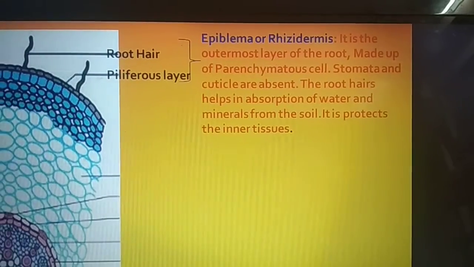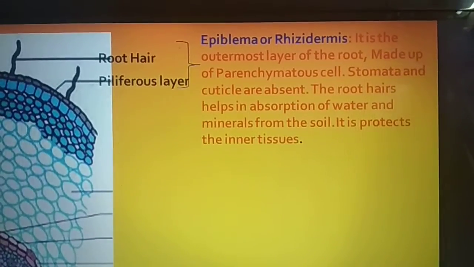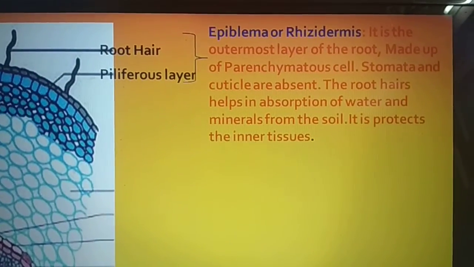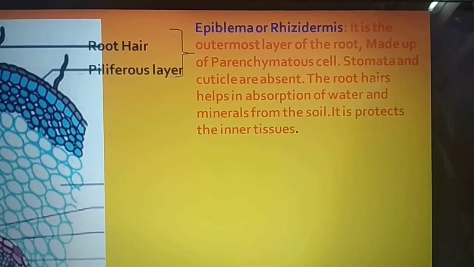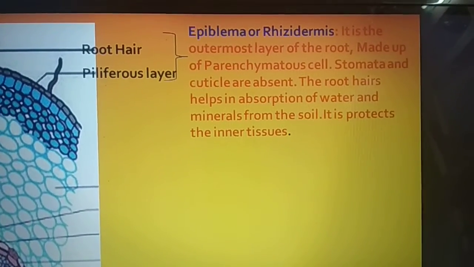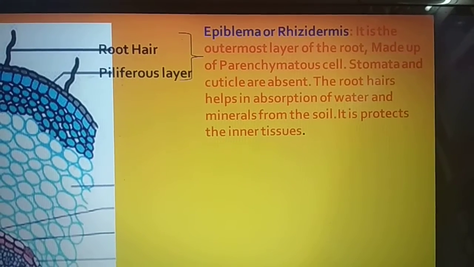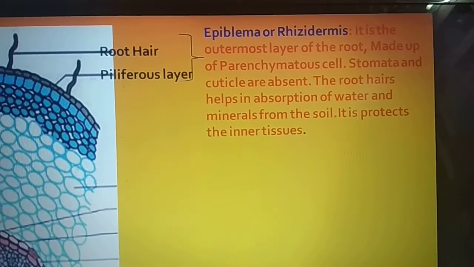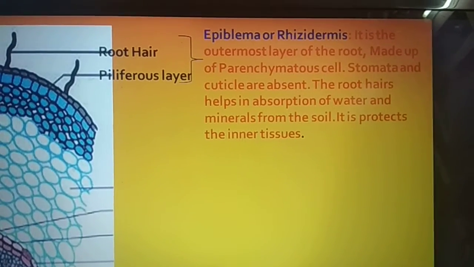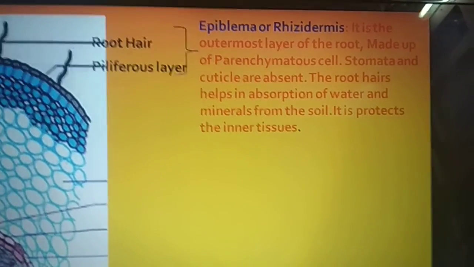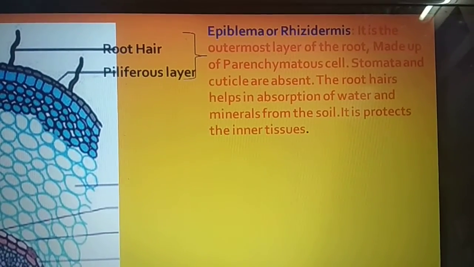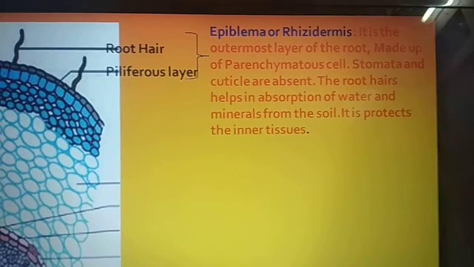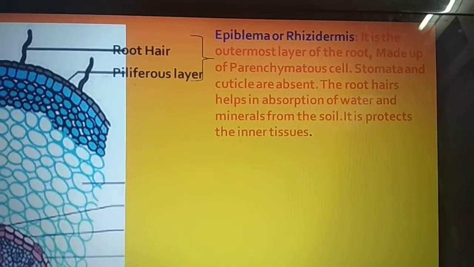It is the outermost layer, made up of parenchymatous cells. Stomata and cuticle are absent. The root hair helps to absorb water and minerals from the soil and protects the inner tissue.